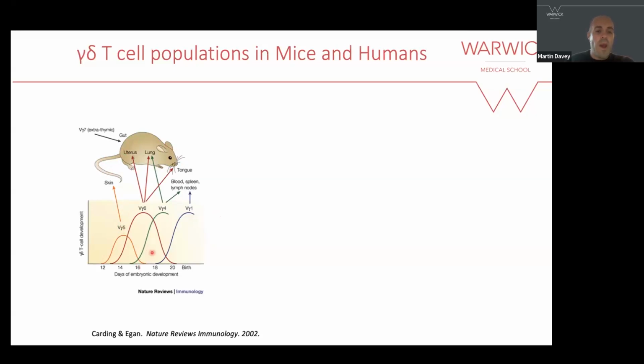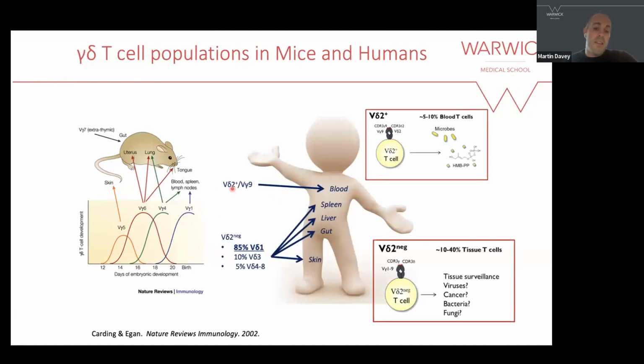So you get these waves of selection and propagation in different tissues, which is incredibly interesting and suggests host encoded antigens and potentially innate mechanisms. And this is paralleled to some extent in humans.